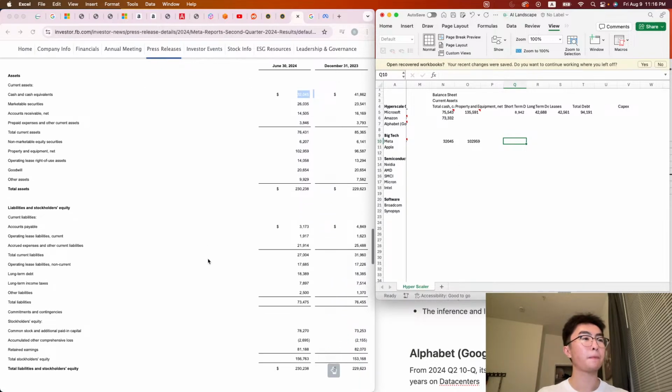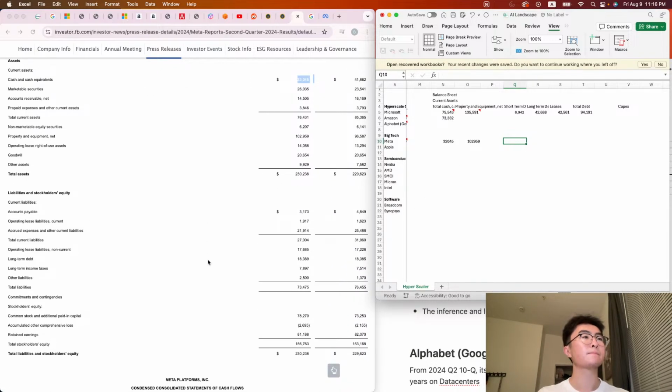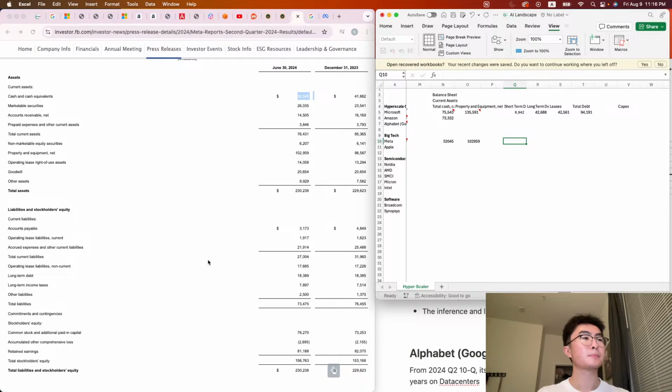Short-term debt, current liabilities, operating lease liabilities, current, total current, accounts payable, long-term debt. I guess they don't have any debt that is payable soon.